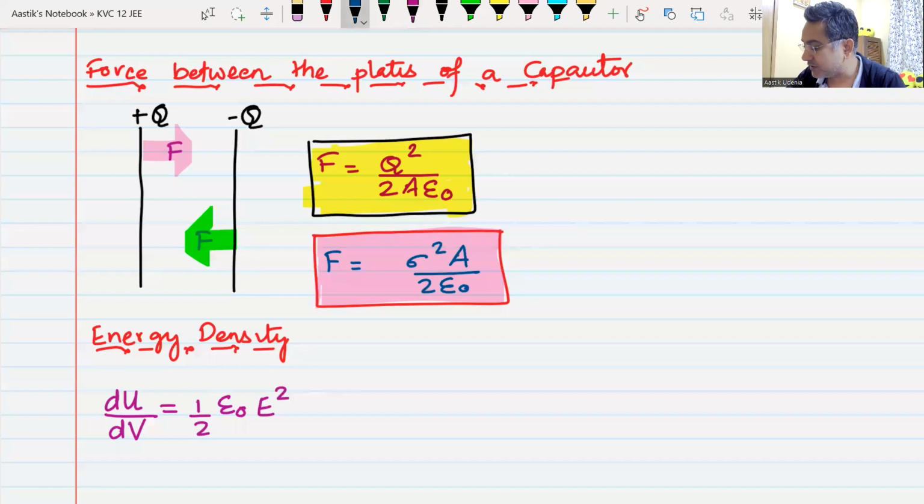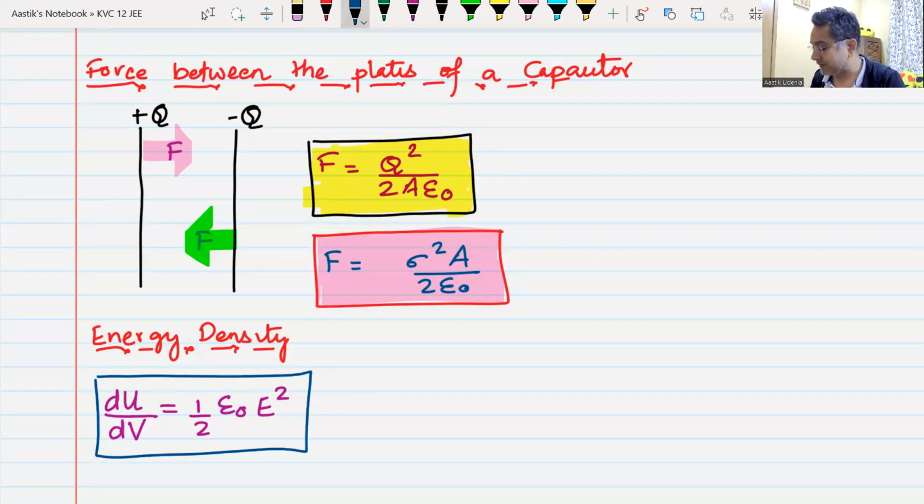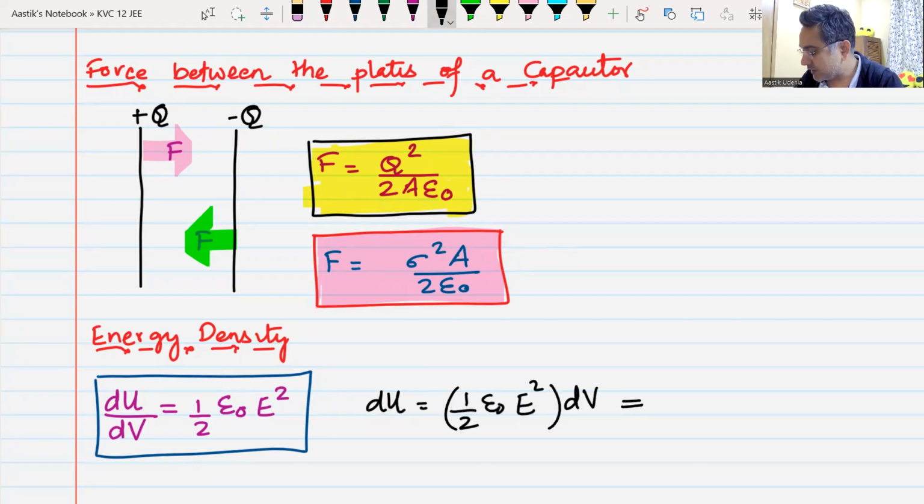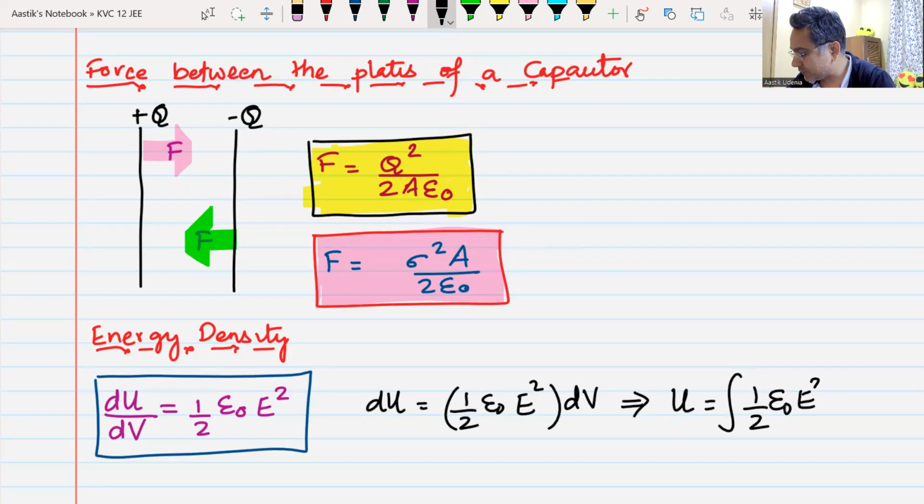I think we had done a couple of problems on this as well, including the problem from S.C. Verma. You seem to have missed it. Not to worry. So I can find out the small energy stored in any space, half epsilon naught E square multiplied by dV. That gives me the total energy stored in any space, which will be the integral of half epsilon naught E square into dV.